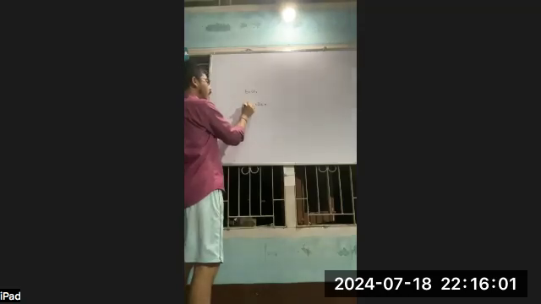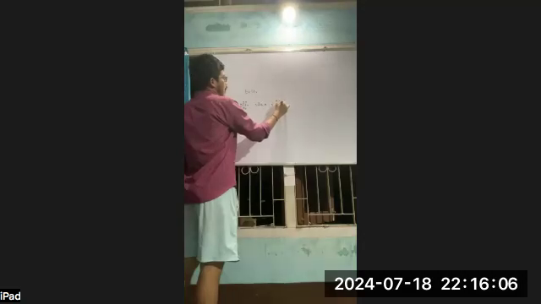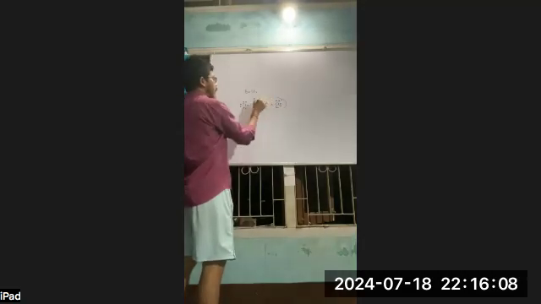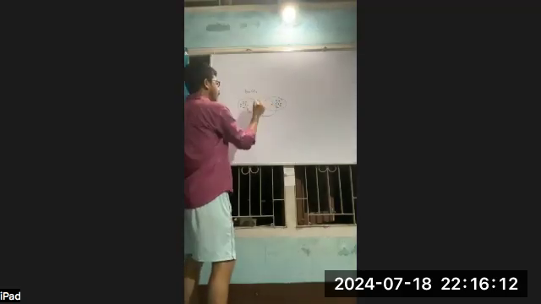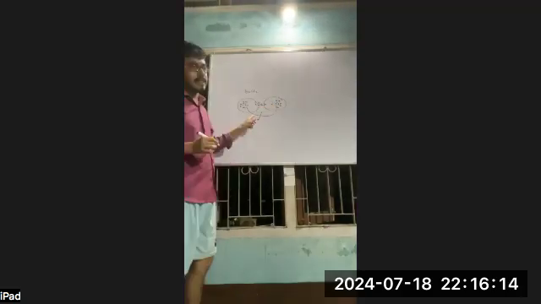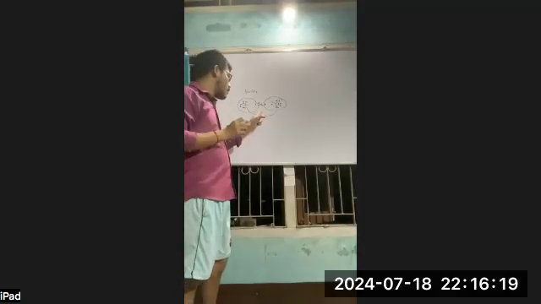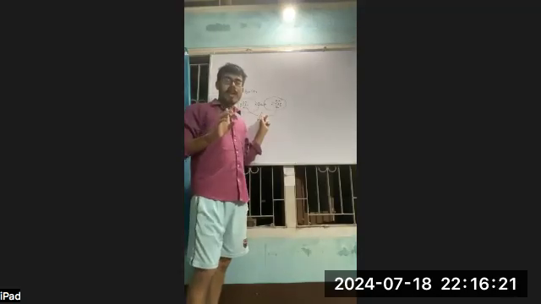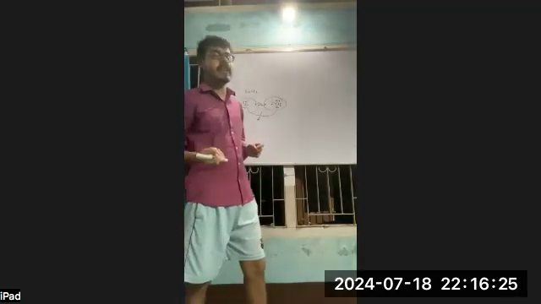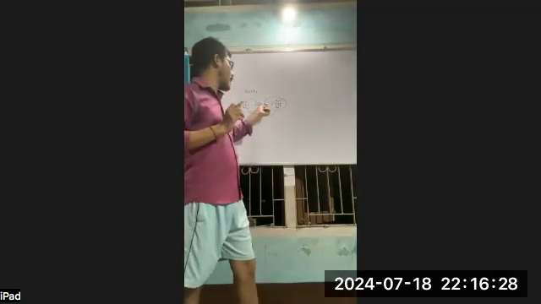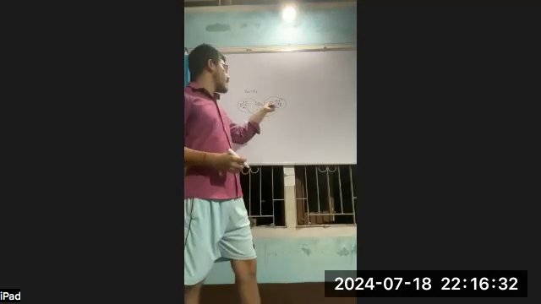Here chlorine gets 8 electrons in its valence shell, but the beryllium atom gets only 4 electrons. Here the octet rule is not followed. That means this molecule is electron deficient. The beryllium atom is electron deficient. It has to get 8 electrons, but by sharing 2 electrons, it gets only 4.